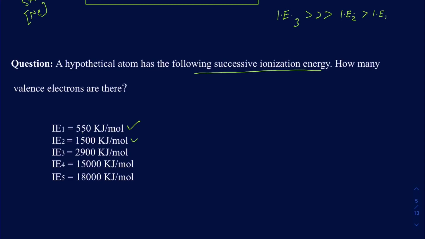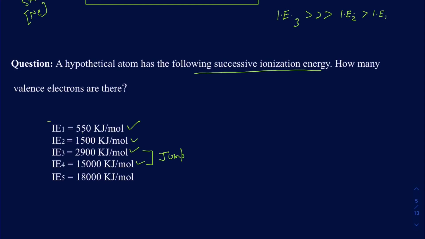IE3 turns out to be 2900, and IE4 is 15,000. Well, there is an unusual jump in the ionization energies. Yes, it's supposed to increase, but that's a very big jump going from 2900 to 15,000.